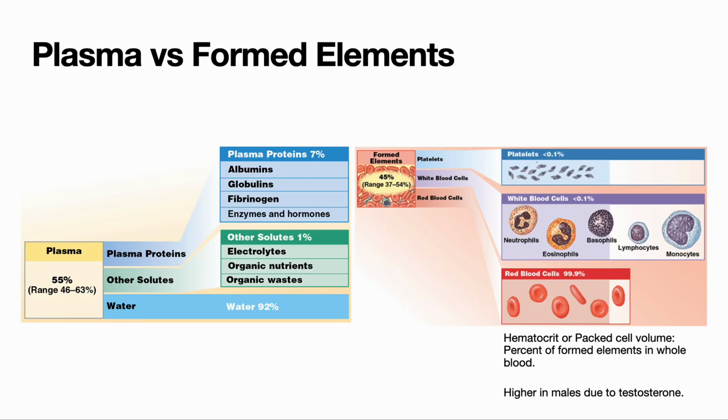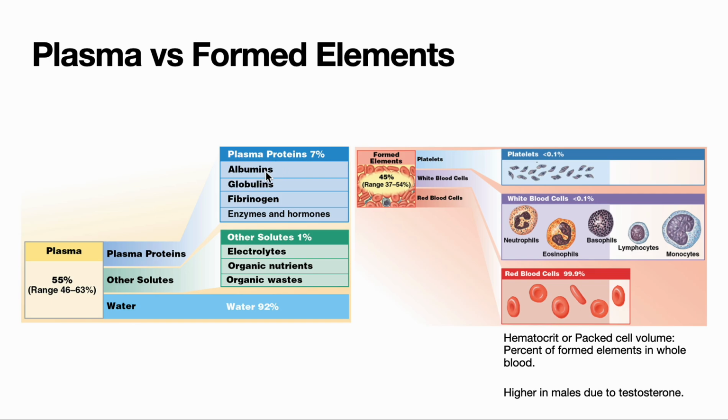Now, digging in a little bit more to the components of these, let's focus on plasma first. So again, here are these plasma proteins, other solutes, and water that we saw on the previous slide. Note that water is 92% of the plasma. But let's take a peek at these plasma proteins that make up about 7%. So you can see we have albumins.